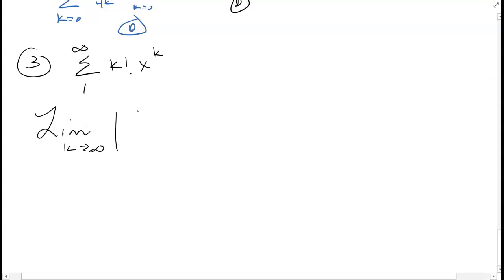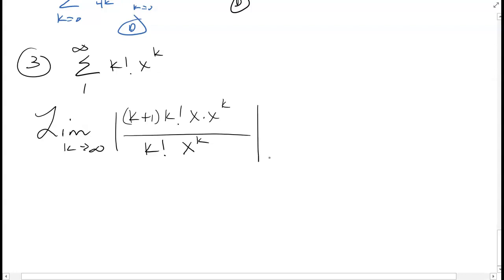So I have k plus 1 factorial is k plus 1 times k factorial. x to the k plus 1 is x times x to the k. We can just go ahead and put this underneath of it.